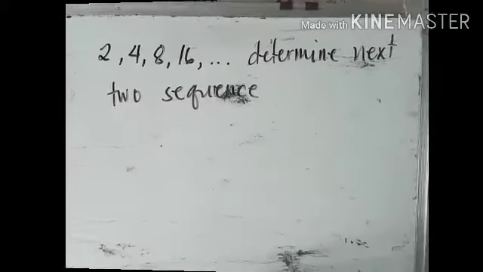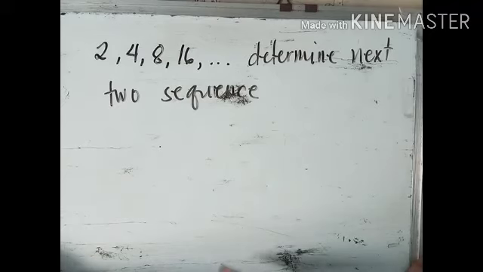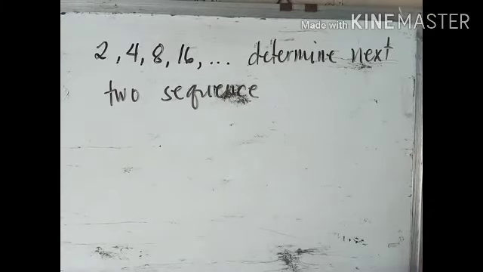Here is another example of a sequence, which is 2, 4, 8, and 16. We are going to determine the next two terms of this given example. In this example, we are also going to find the pattern formula so that it is easy for us to solve for the next two terms.